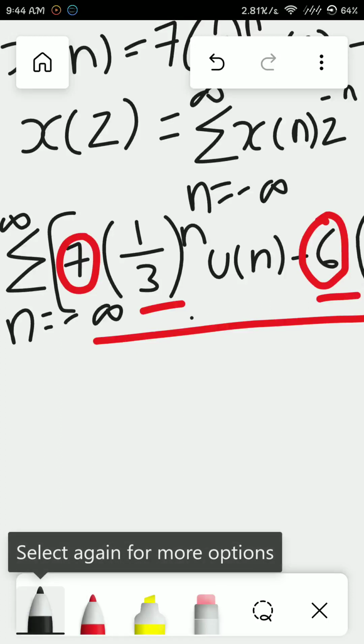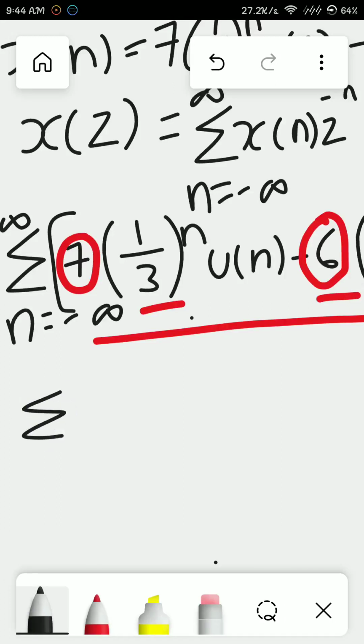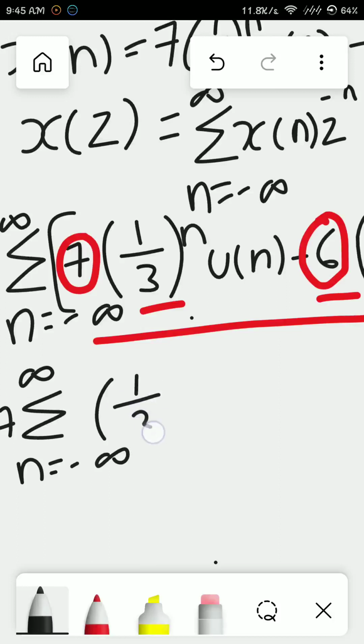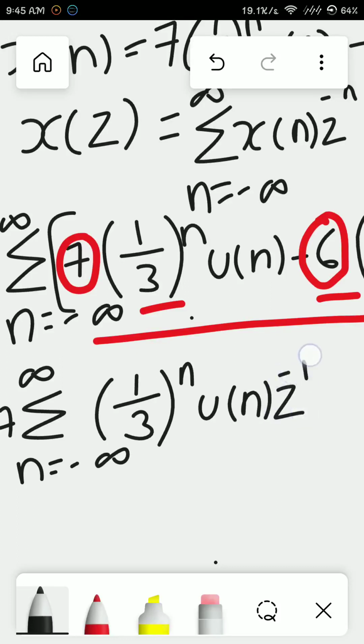If I do that, I get the summation from n equals minus infinity to infinity, with 7 kept outside, of (1/3)^n into u of n, and once again into z to the power of minus n.